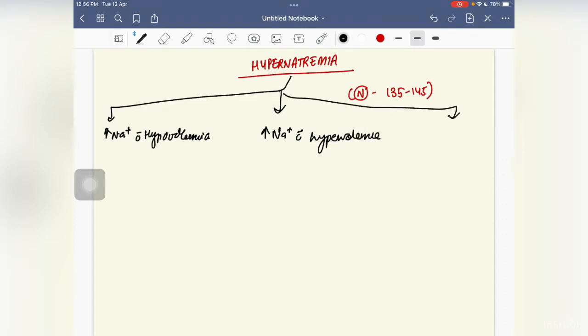There is a rare scenario whereby all three conditions can exist.